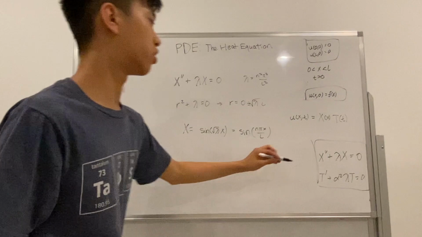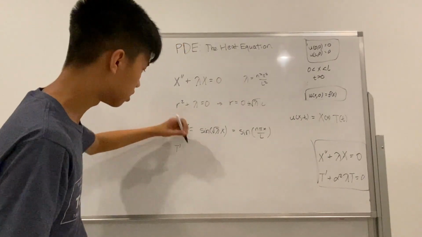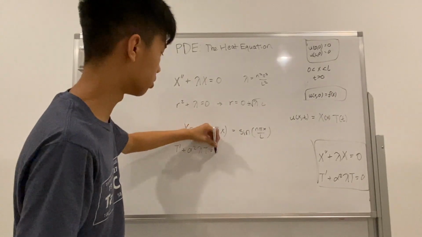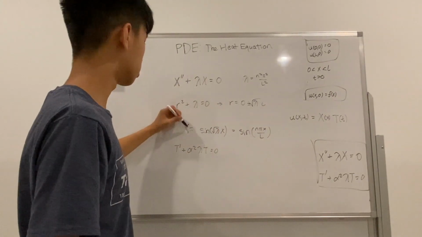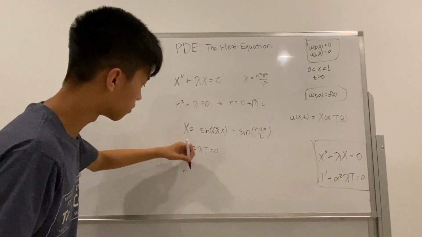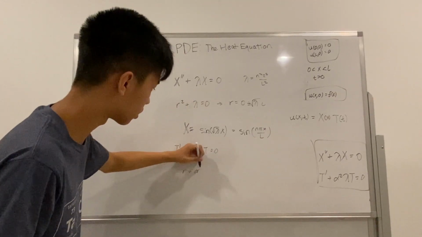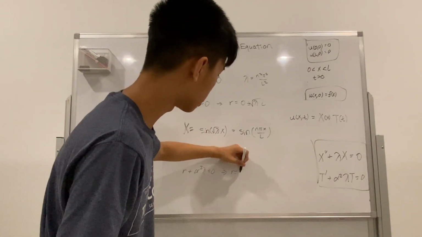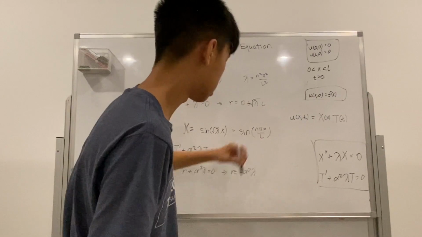And now we can solve this equation here. T prime plus alpha squared lambda T equals 0. So we can create another characteristic polynomial, but it's really easy to solve. We just have r plus alpha squared lambda equals 0, making r negative alpha squared lambda.